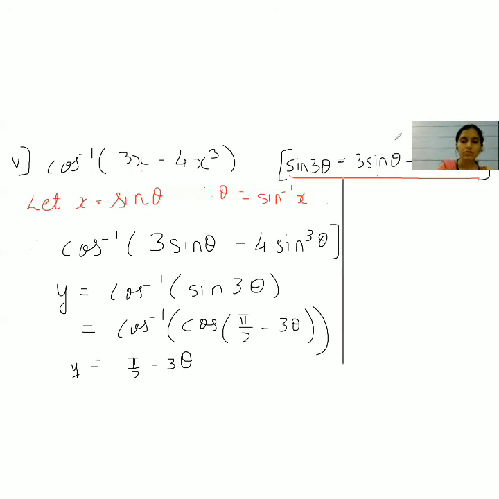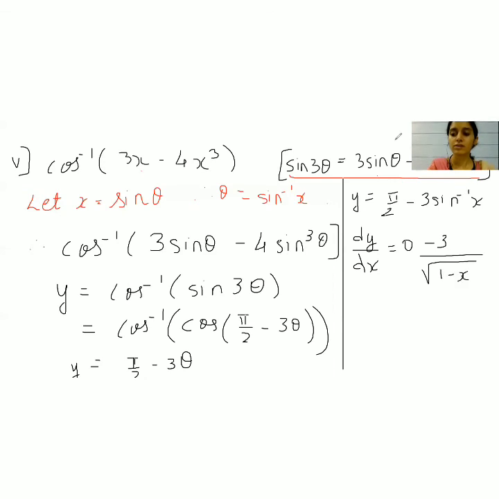So y is equal to pi by 2 minus 3 sine inverse of x. dy by dx then will be equal to 0 minus 3 times the sine inverse x derivative, which is 1 upon root of 1 minus x square. So my final answer is dy by dx is equal to minus 3 upon root of 1 minus x square.